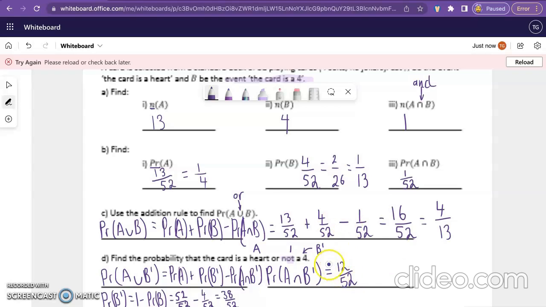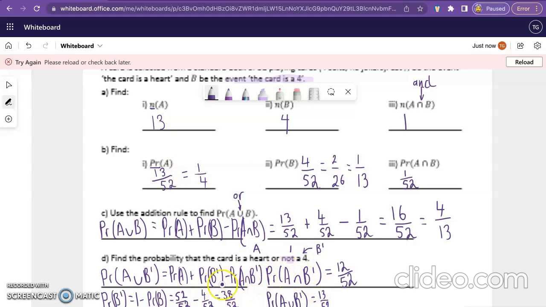So let's bring this all together to get our final answer here. So the probability of A union not B, we've got the probability of A from up here, 13 out of 52.